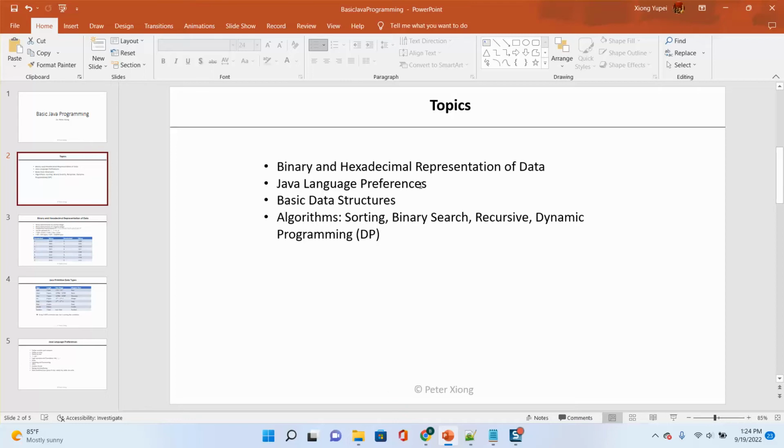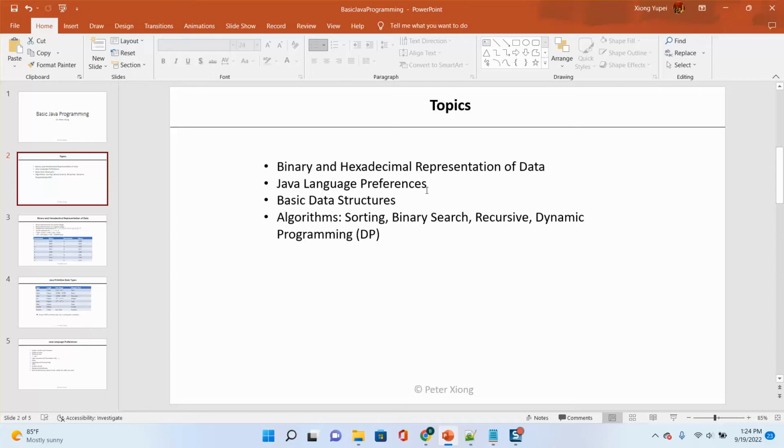But from my experience, if you want to go very deep, to a high level of programmer, maybe you want to move to the senior level or architect level, I think this binary and hex representation of data should be very, very important and helpful.